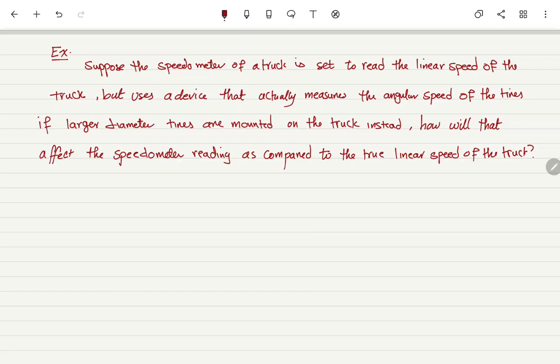Example. Now suppose that the speedometer of a truck is set to read the linear speed of the truck, but uses a device that actually measures the angular speed of the tires. Now if larger diameter tires are mounted on the truck instead, how will that affect the speedometer reading as compared to the true linear speed of the truck?